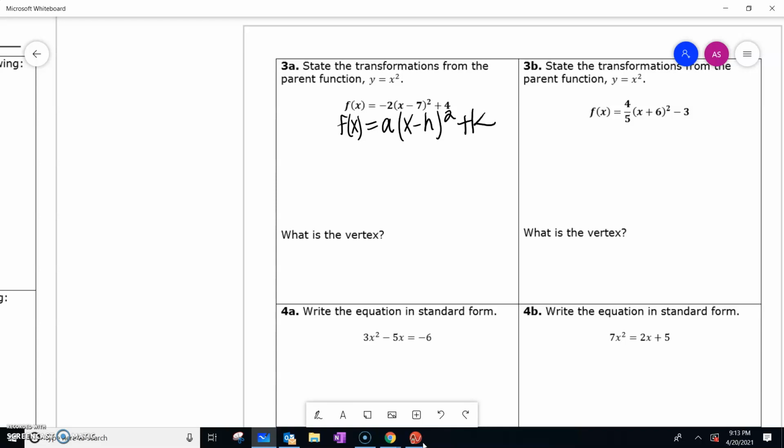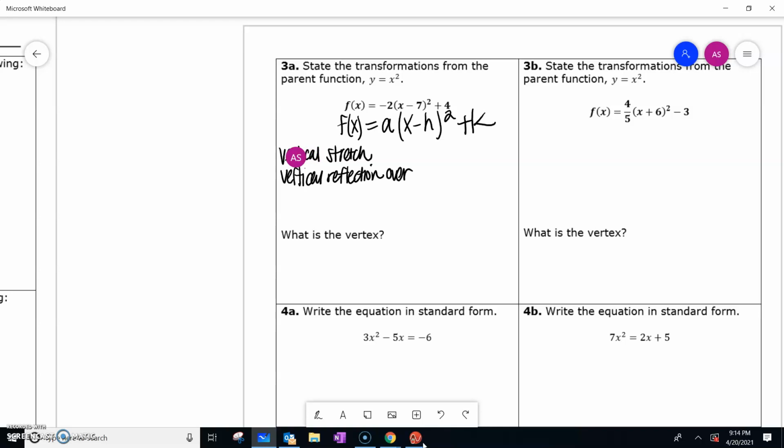So if my A is -2, that means I'm going to have a vertical stretch, which means that graph is going to get narrow. I'm also going to have a vertical reflection because of that negative. Anytime you have a negative A value, it's going to flip over the x-axis.